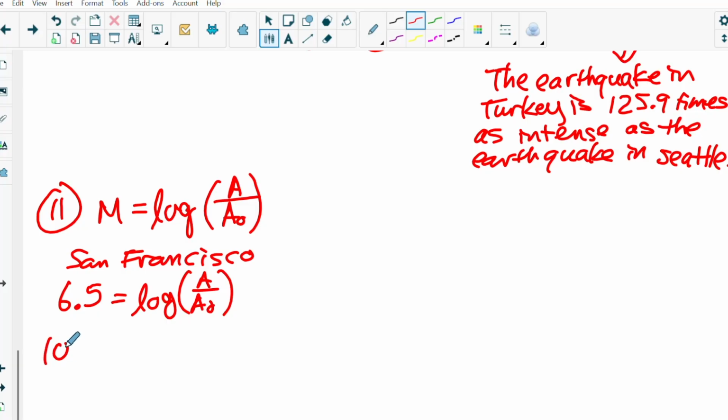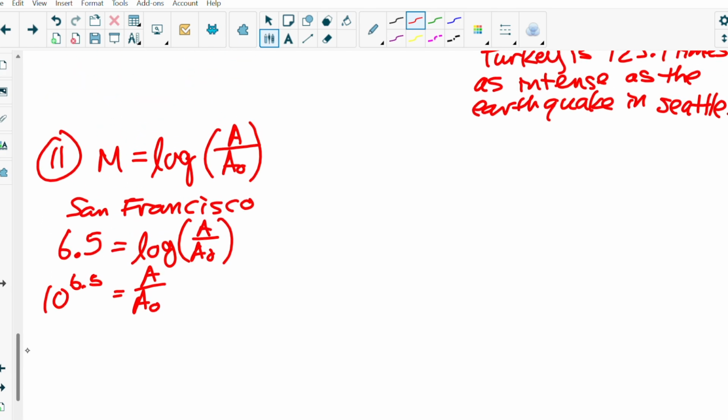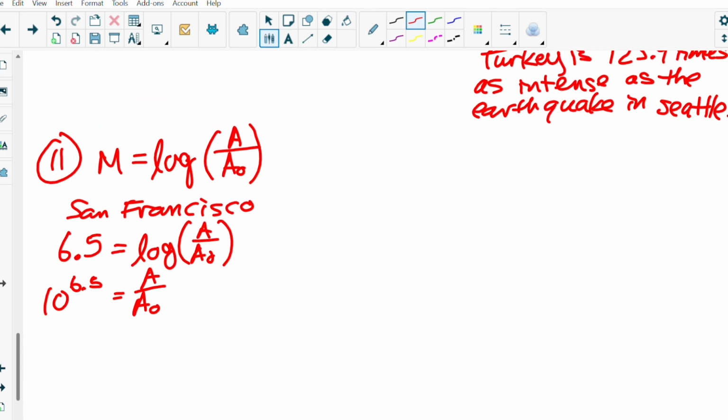Okay, convert to exponential form, 10 to the 6.5 equals A divided by A naught. So this is the intensity of the San Francisco earthquake. So A San Francisco, the intensity of the San Francisco earthquake, equals 10 to the 6.5 times A naught.